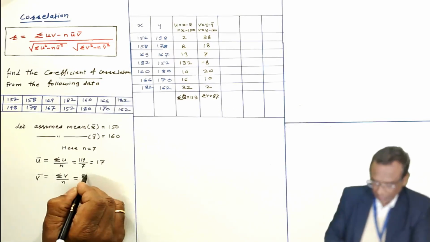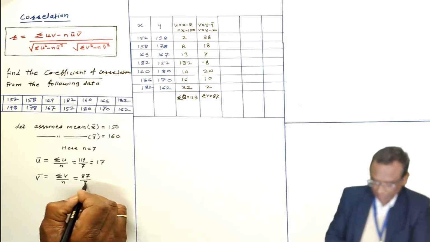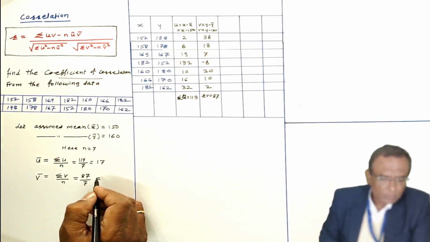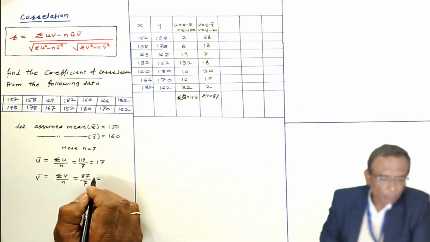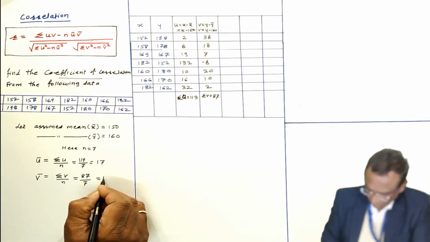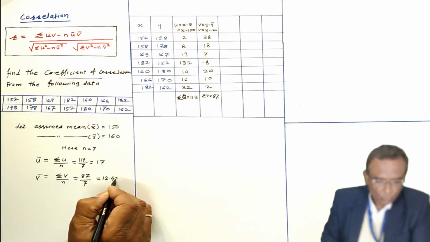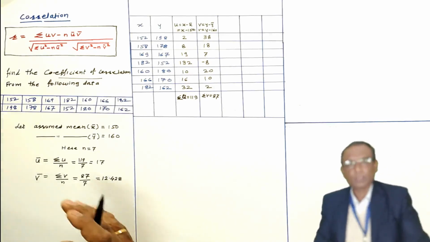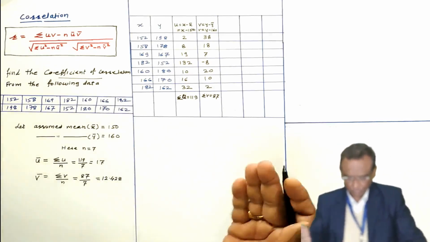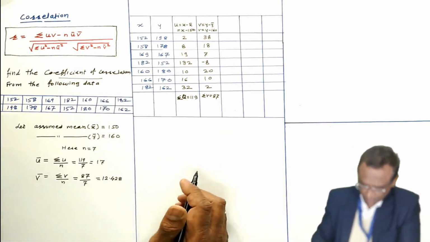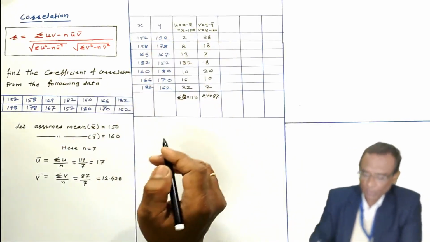The summation of v is 87, and 87 by 7 is 12.428. You can write up to 3 or 4 decimal places, it is your choice. I have calculated u bar and v bar.